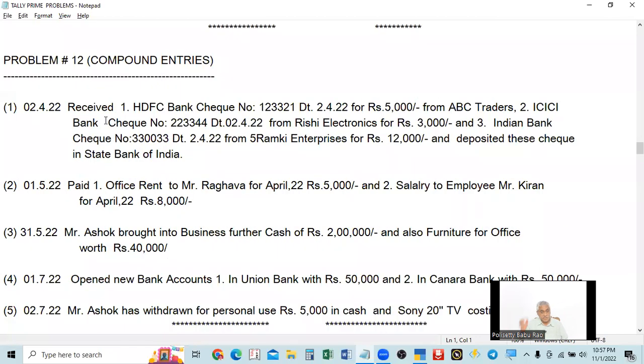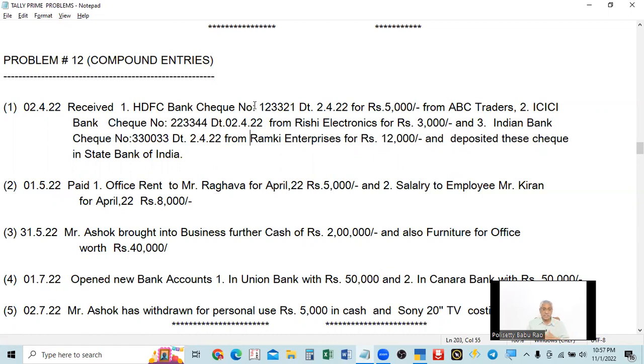First, on 2nd April, we received 3 checks. One HDFC Bank check from ABC Traders for 5,000, an ICICI Bank check from Rishi Electronics for 3,000, and an Indian Bank check from Ramki Enterprises for 12,000 rupees.